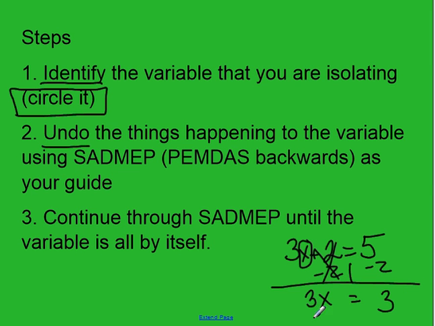Okay, so you know how this process continues. We've done this before, but now we're going to be dealing with things that have way more variables than you're used to. Finally, you're just going to continue through SADMAP until the variable is all alone, all by itself.